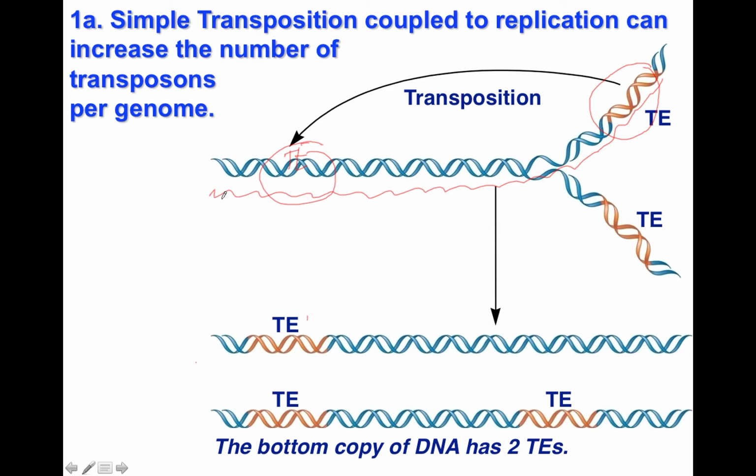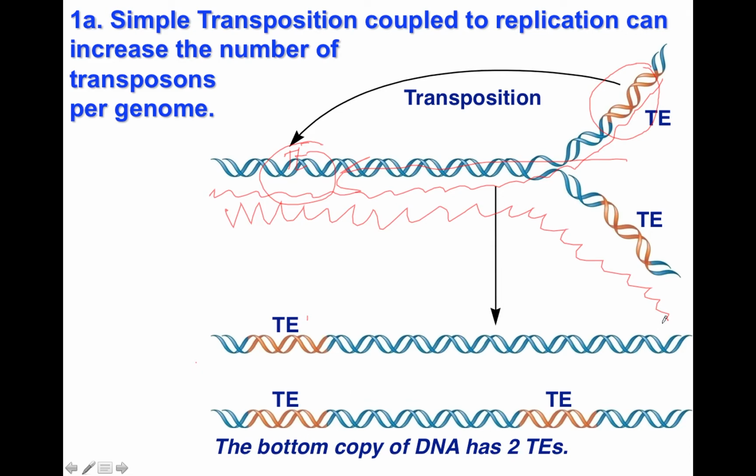However, this other strand of DNA had a transposable element when it was originally replicated, but now it will also have a second copy of the transposable element after the replication fork makes its way up the chromosome some more and encounters this newly transposed element.